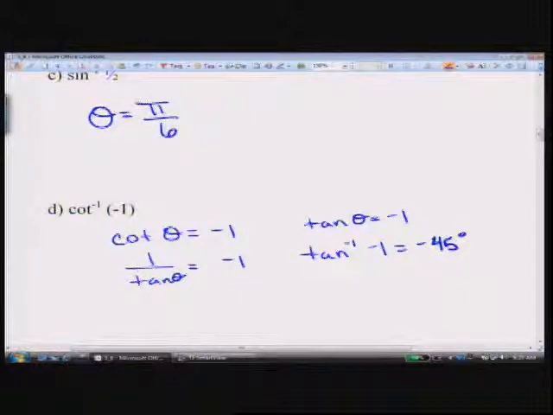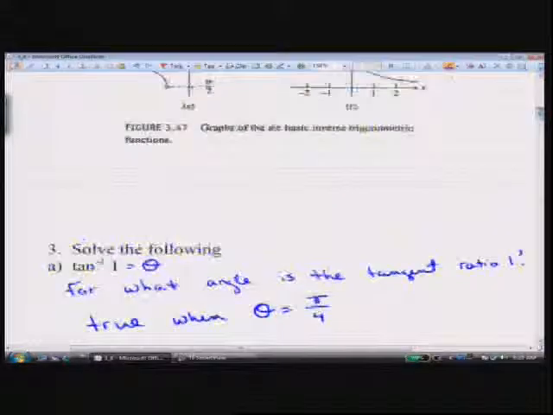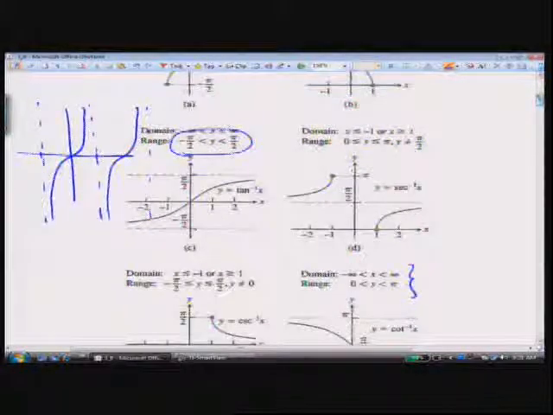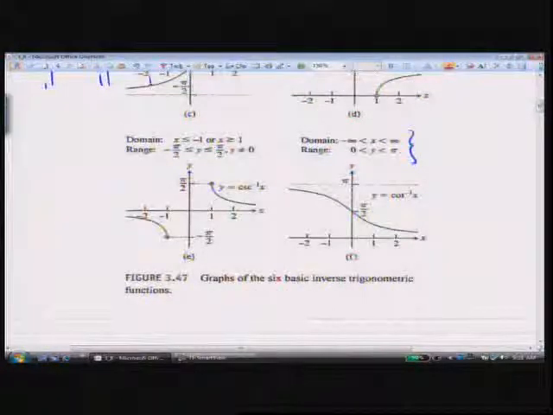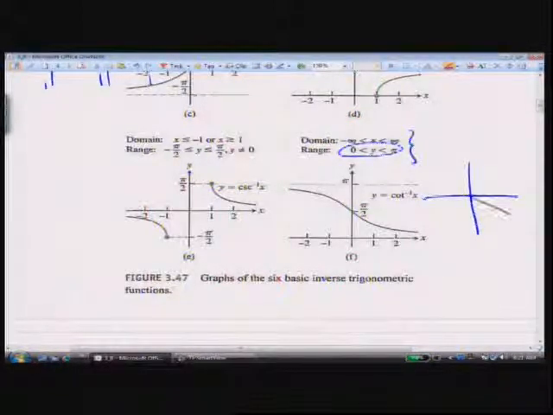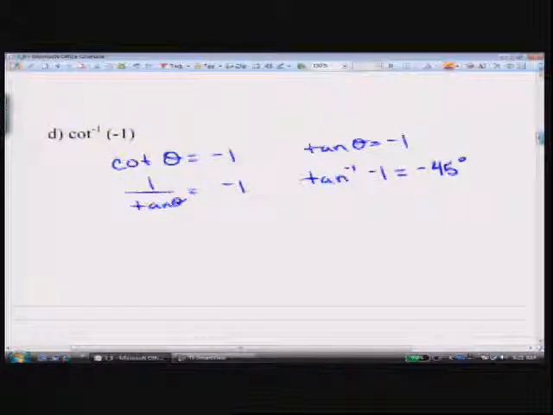But the cotangent is defined between 0 and pi, between 0 and 180, right? So negative 45 is here, right? What is its friend from 0 to 180? Well, that would be 135. And that is 3 pi over 4, the answer that you would get.